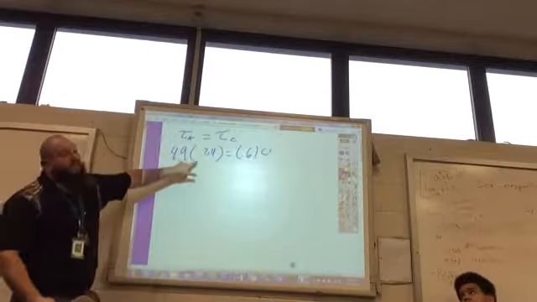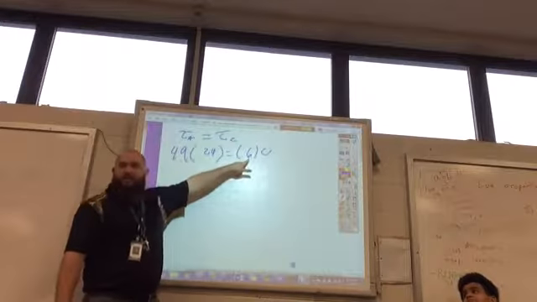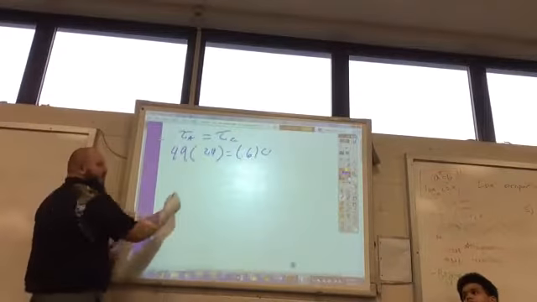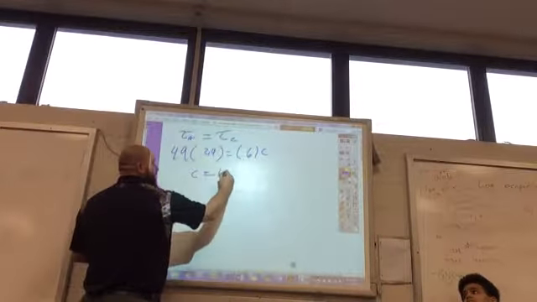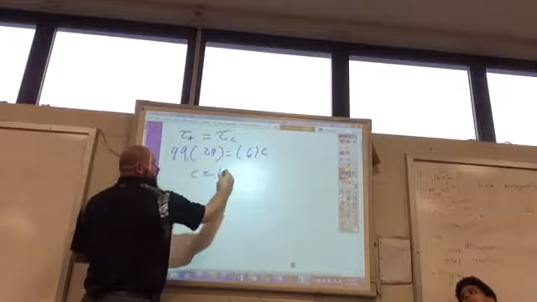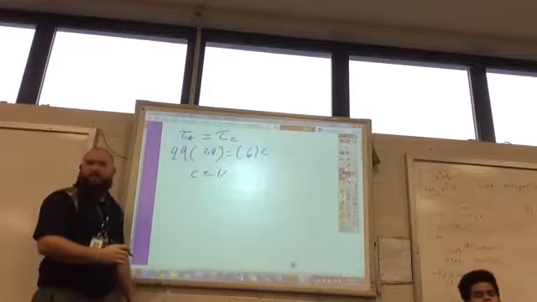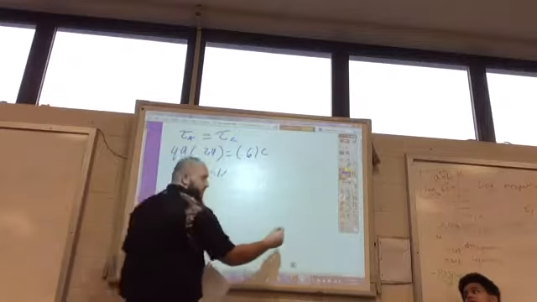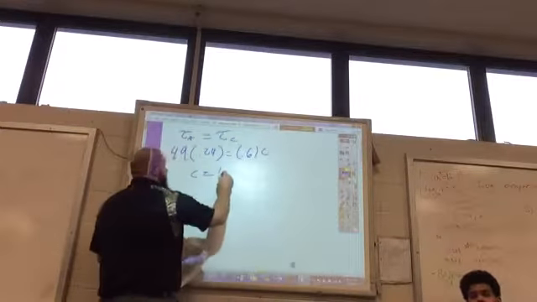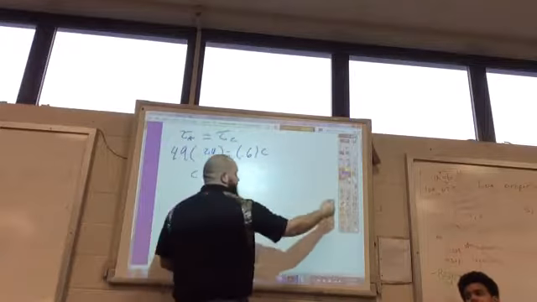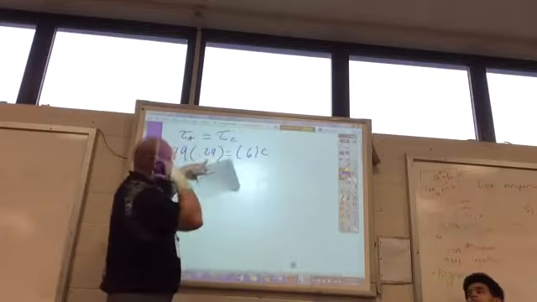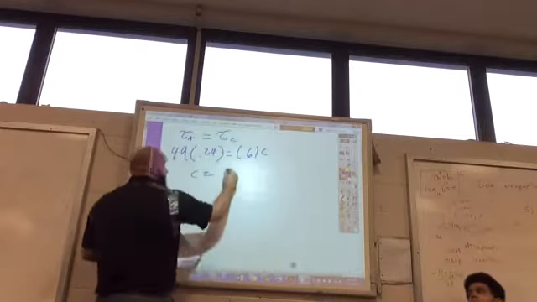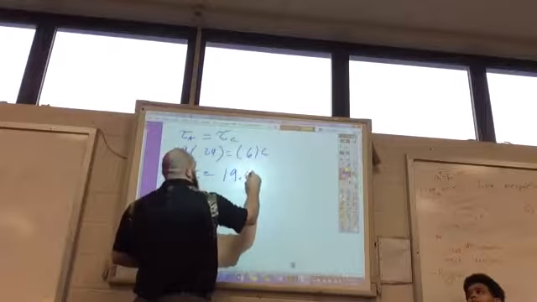So you take this times this, divided by this. What do you get? 19.6. Did you do it in meters? You got 19.6?